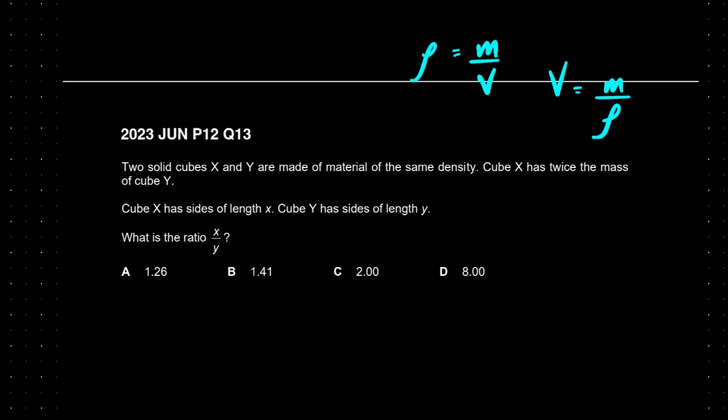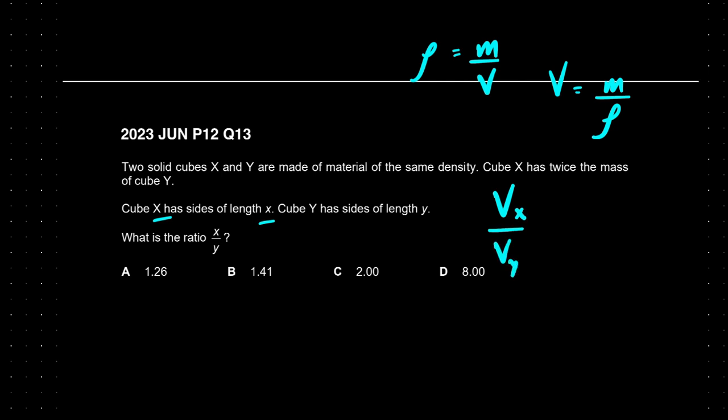All right. First, let's do this. We need the ratio of X to Y, which is the ratio of the lengths of X to the lengths of Y, right? The mass of X is twice. So first I'm doing the ratio of the volumes, Vx over Vy.